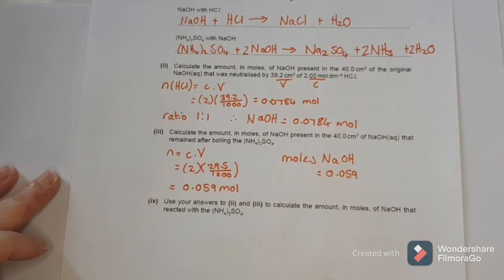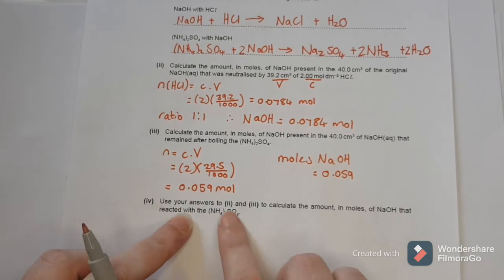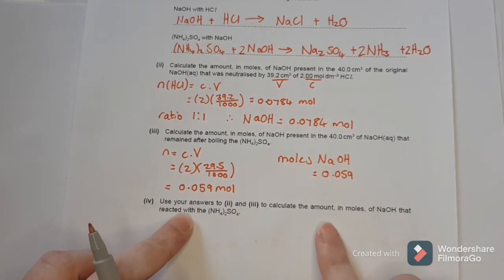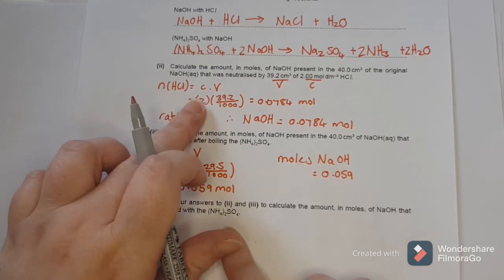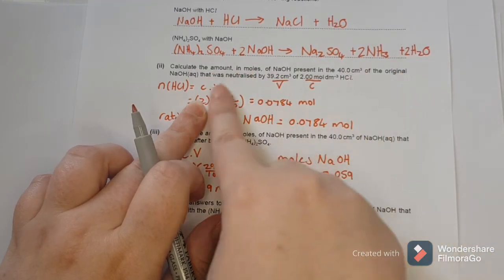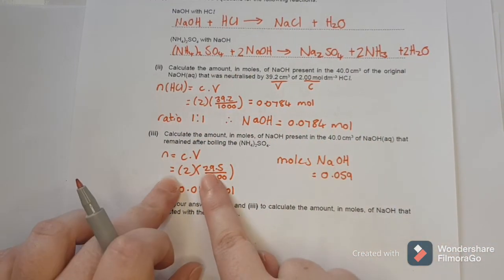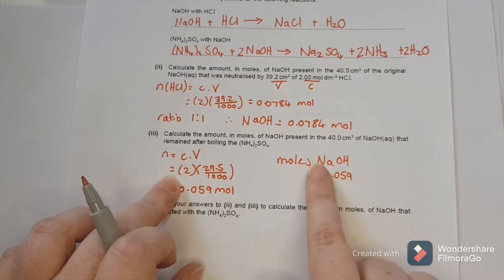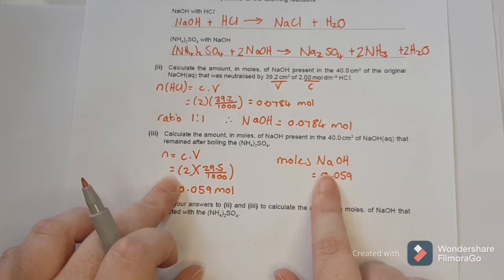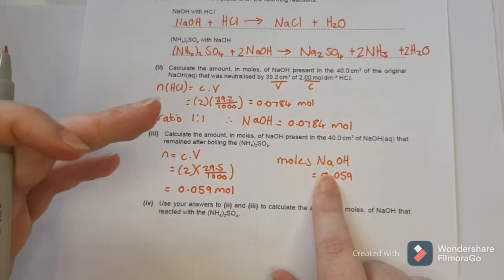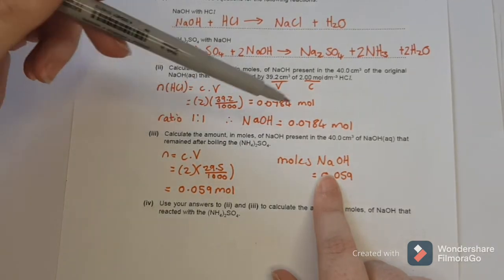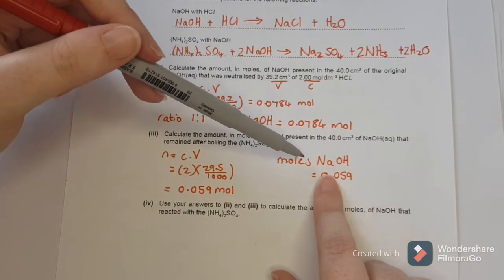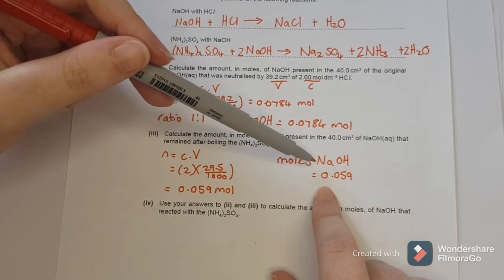So then, it says use your answers to 2 and 3 to calculate the amount of moles of NaOH that reacted with the ammonium sulfate. So this is telling me the original that I had, and this is telling me the amount that was left over afterwards. So the amount that reacted with the ammonium sulfate would be the original minus the amount left after.